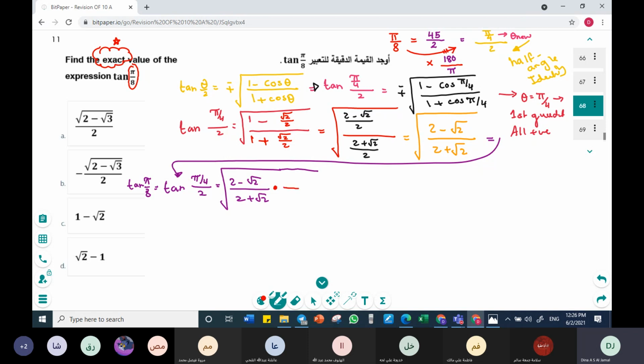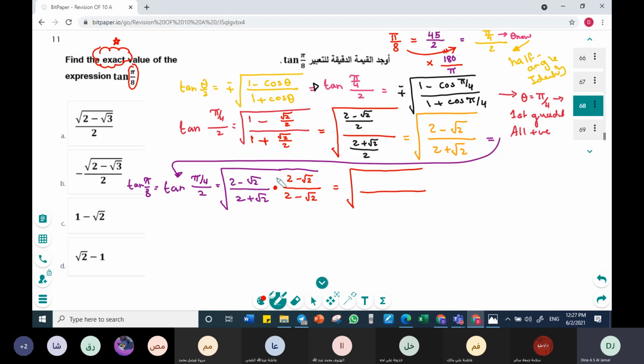So the conjugate is the same expression as the denominator, but by changing the sign of the radical. 2 minus square root of 2, 2 minus square root of 2. Which will be leading me to another expression that I can simplify.